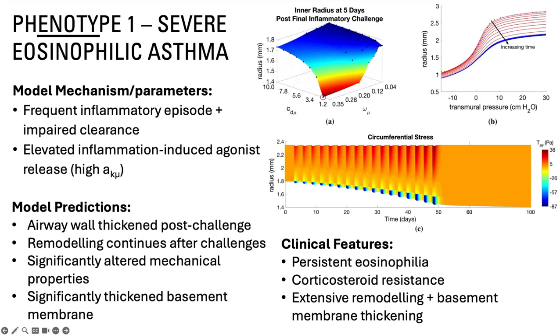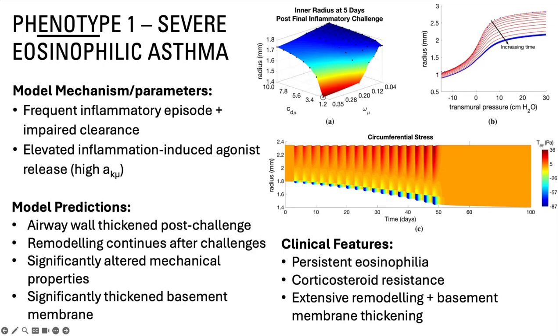So here we've actually got a 2-layer model. I'd previously switched it off, but I've switched it on in this example. What we see here is that by applying frequent inflammatory episodes and impairing the clearance, which is what this parameter space shows, and by having an elevated agonist release as a result of inflammation, we end up getting these predictions.